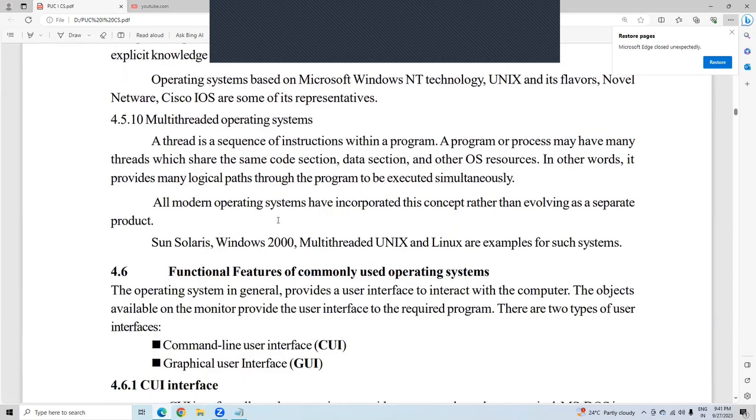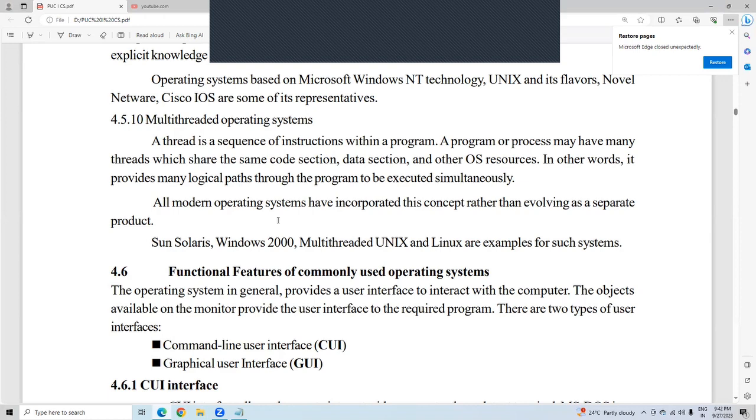We have the multi-threaded operating system. Thread means what? It's a sequence of instructions within a program. A program is a set of instructions, and within that set of instructions, a sequence of instructions is a thread. A program or process may have many threads which share the same code section, data section, and other OS resources.